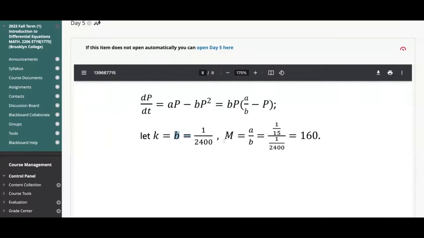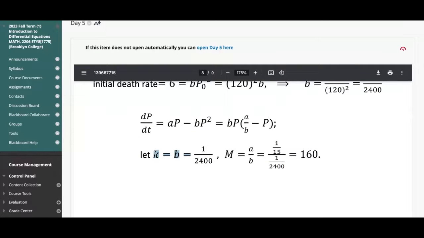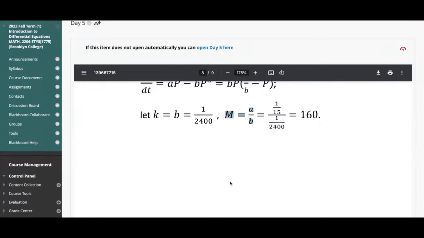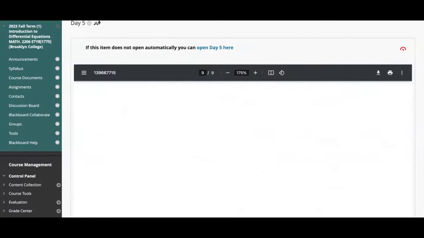Such K is the A, such M is the ratio of A to B. And the rest is just calculation. Right.